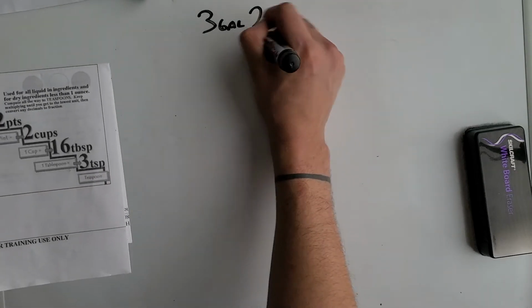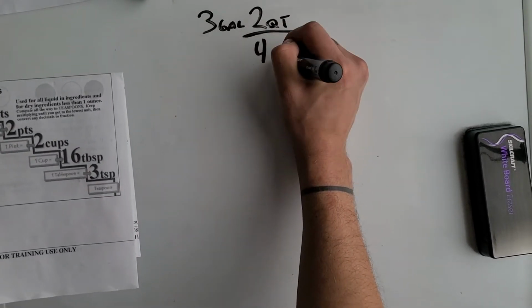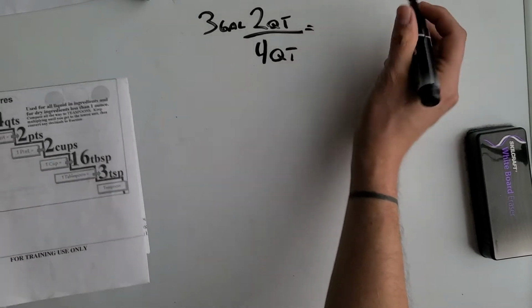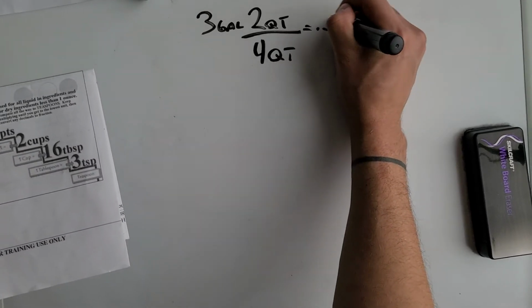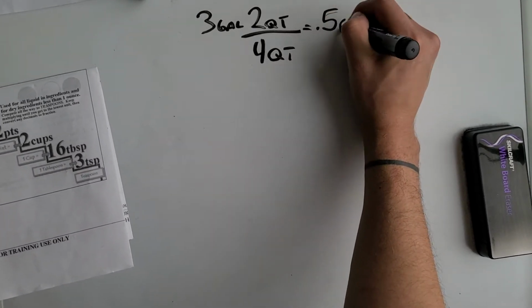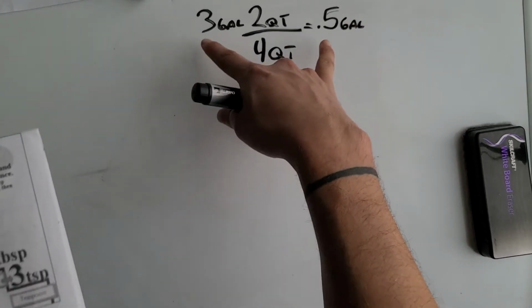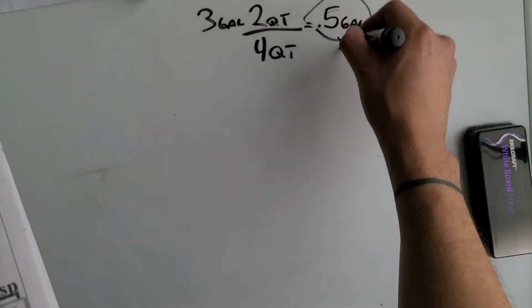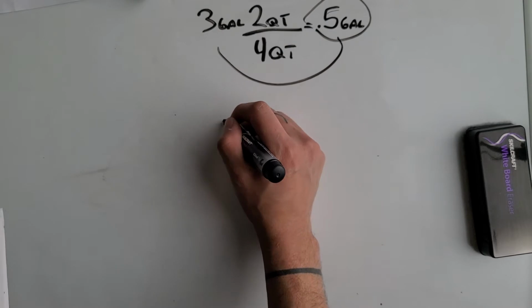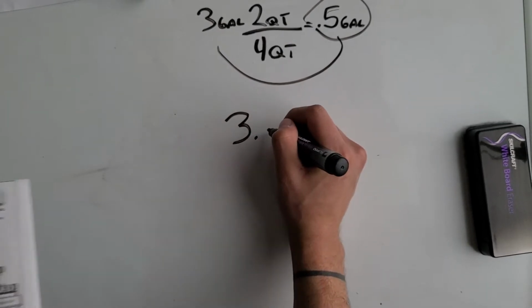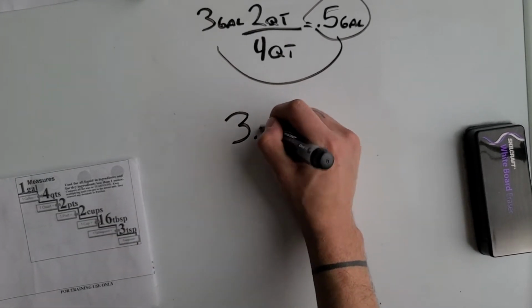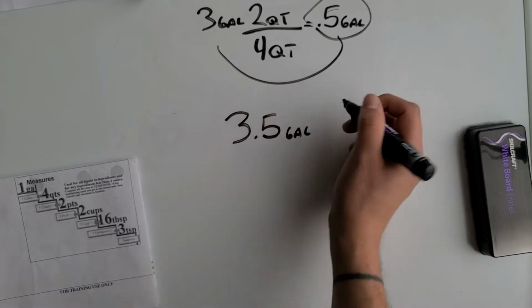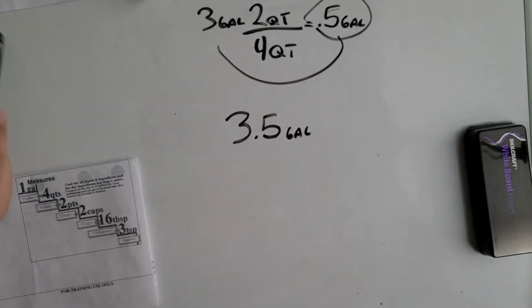So 2 divided by 4 equals 0.5 gallons. Now that's the same unit, we add these two together, so you got 3.5 gallons. That's our first part to this problem.